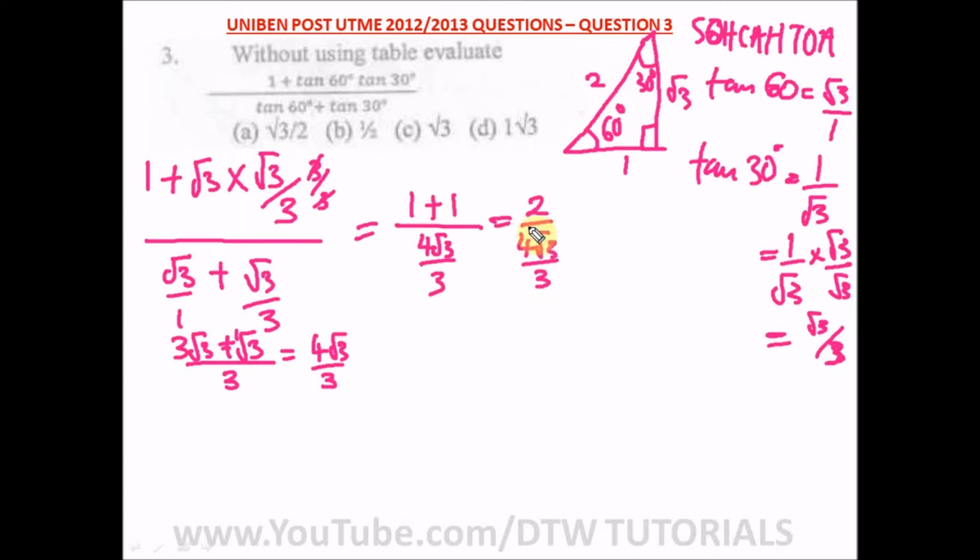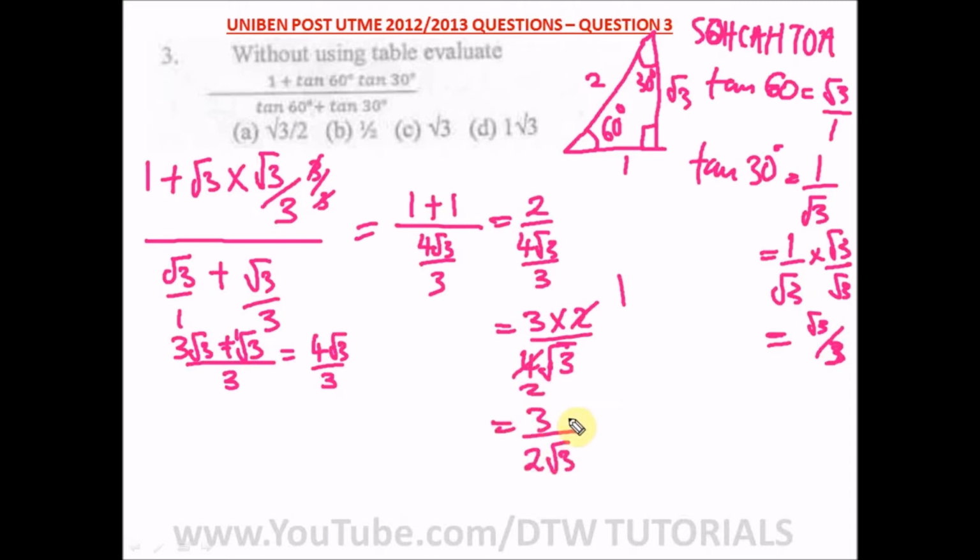Now, you know, we have to invert. When you're dividing, you have to invert. So when we invert, bringing 3 upwards, we have 3 times 2 over 4 root 3. Where 2 can go into 4, we're left with 3 over 2 root 3.